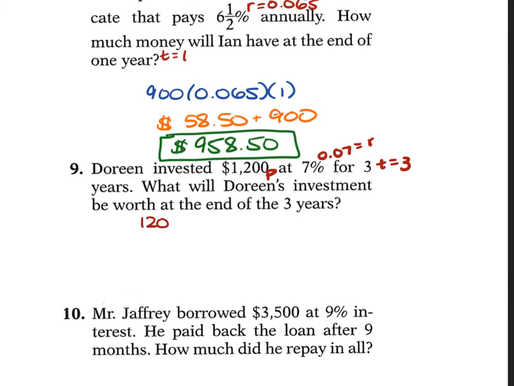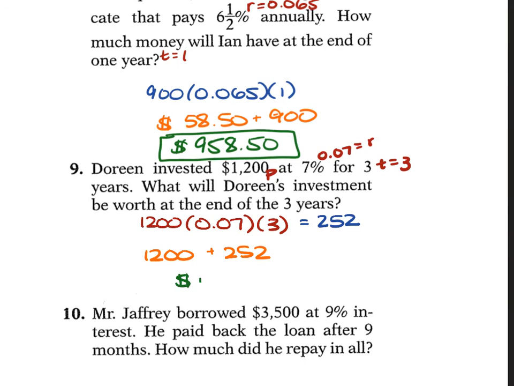We're going to do 1,200 times 0.07 times time, which is 3. We get 252. We are then going to take the 1,200 and add it to the 252, and that gives us a total of $1,452.